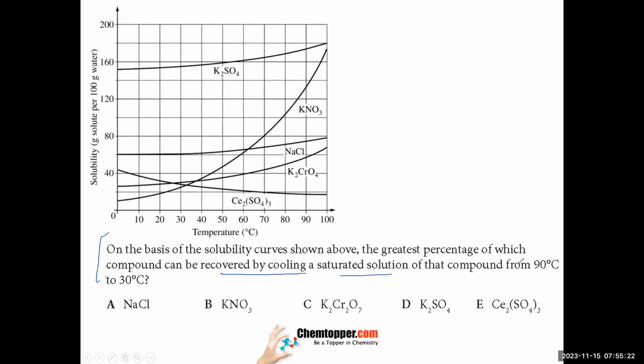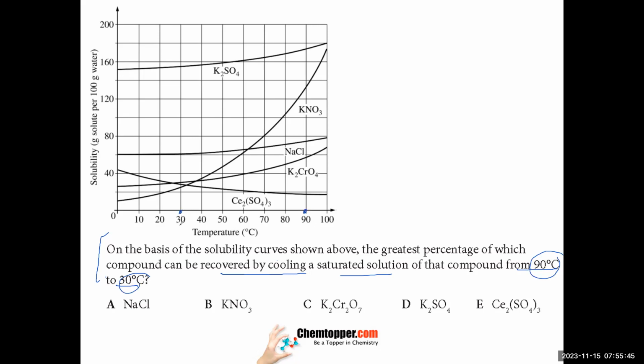So which substance, look at this. Yes, Naisha, good. So which substance, look at this solubility curve. Which substance is showing you the biggest difference in the solubility from the range of temperature 90 to 30? 90 is this, 30 is this.